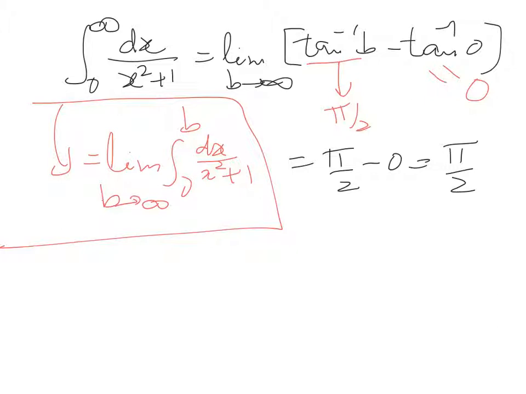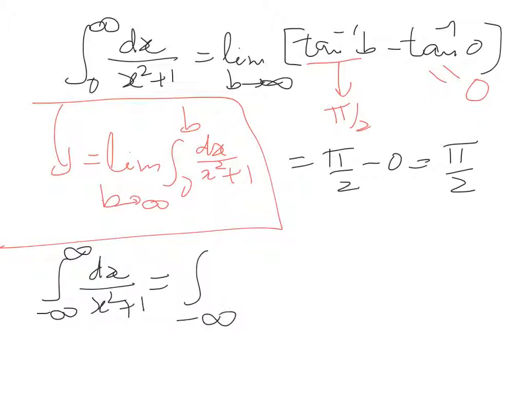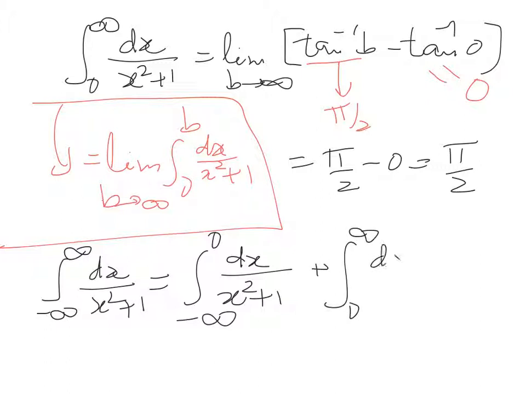Hence, going back to the original integral, the integral from negative infinity to infinity of dx over x squared plus 1, which we wrote as the integral from negative infinity to 0 plus the integral from 0 to infinity, is equal to pi over 2 plus pi over 2 equals pi.